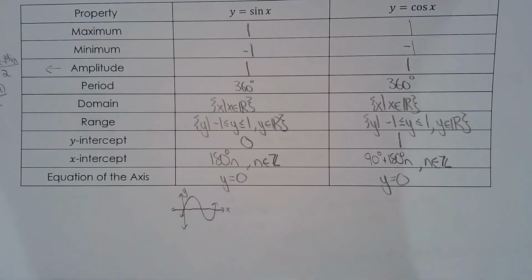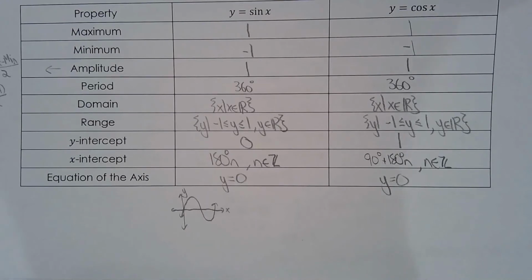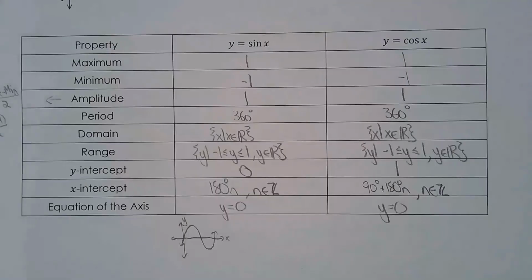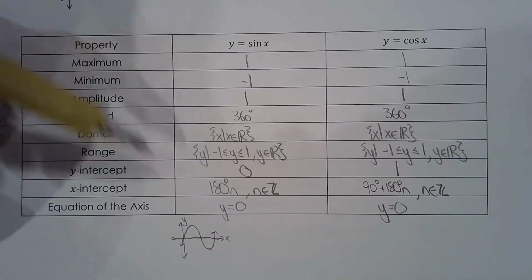And of course, you need to know how the sine and cosine functions look, because in the next lesson we're going to transform them. So you need to know how the sine function looks. There's no homework assigned for this lesson, but I strongly recommend that you don't memorize the properties of the sine and cosine functions, but understand where these numbers are coming from.